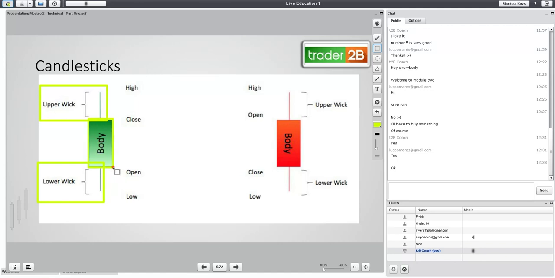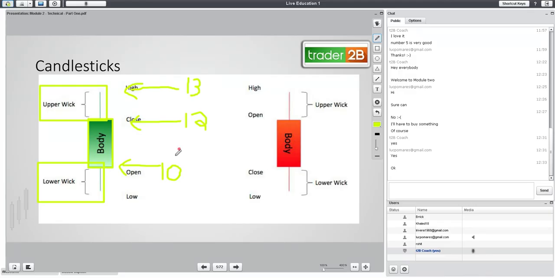So let's say the price opened somewhere around here, and we can give this an arbitrary number of, for example, $10. The price opened here, and the price reached a high for this particular candle, which we can refer to as $13, for example. So for this candle, the price opened at $10, reached a high of $13, and then the candle closed here, and we can say it closed at $12.